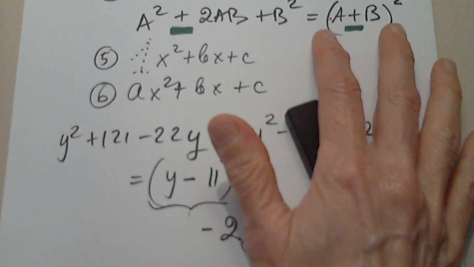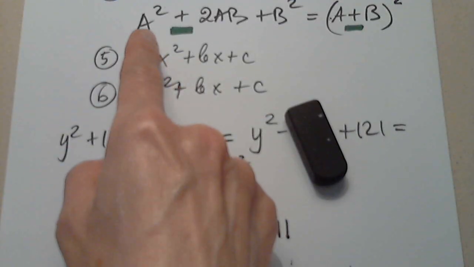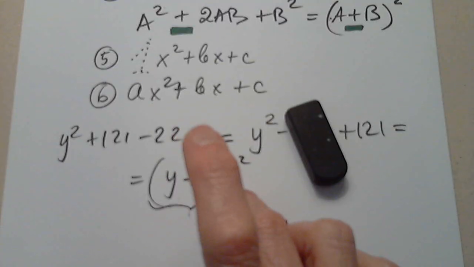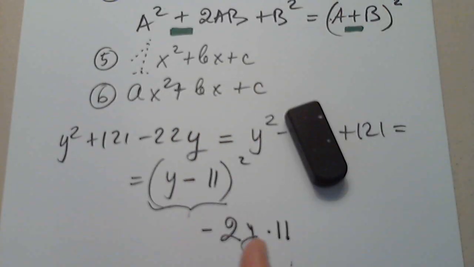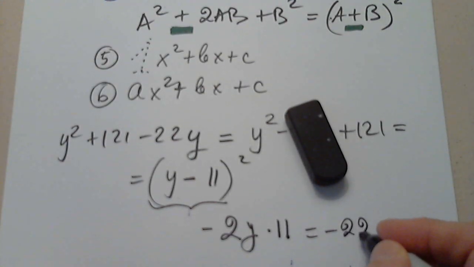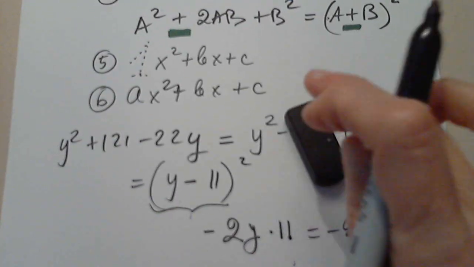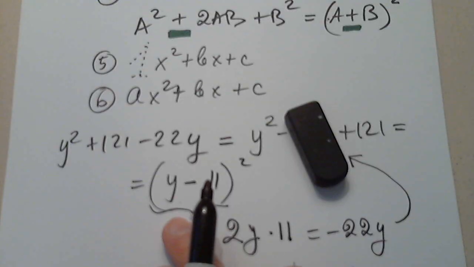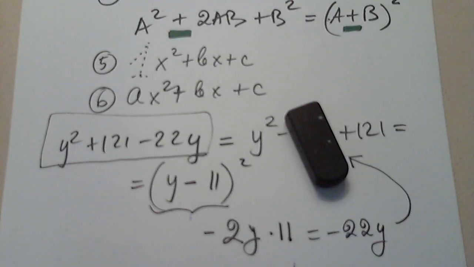Because remember, when we square this, we get the first term squared minus 2 times the first times the second plus the second term squared. So the middle term here is 2 times y times 11, which ends up being negative 22y. If the middle term here is not negative 22y, this factored form does not equal the beginning trinomial.